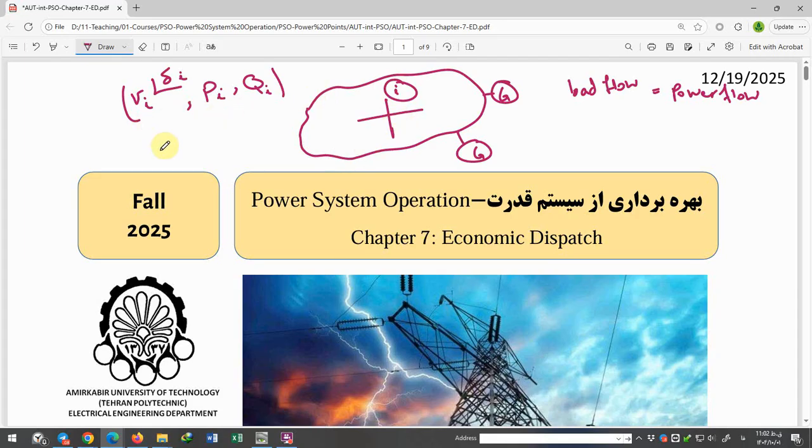Another side effect of load flow is finding current.